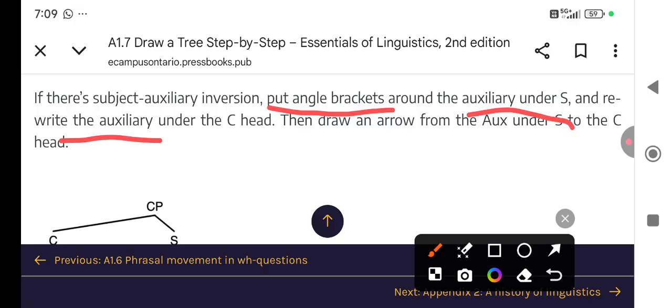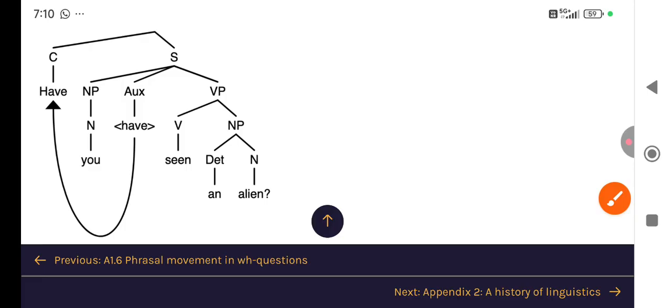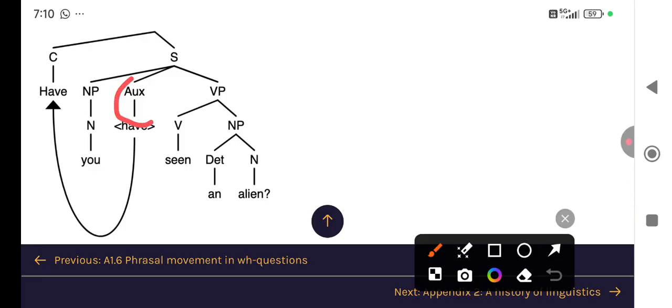Two times we have it, under the C head, then draw the arrow from the auxiliary. Okay, so they are talking about the same thing. The two times we have written auxiliary, have and have, but this have has gone to here. We have to indicate through this arrow.